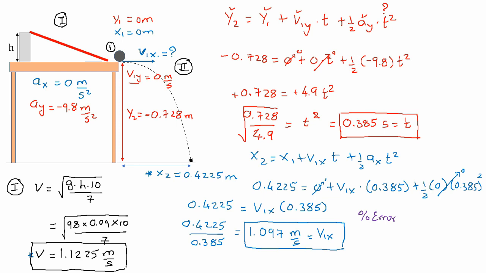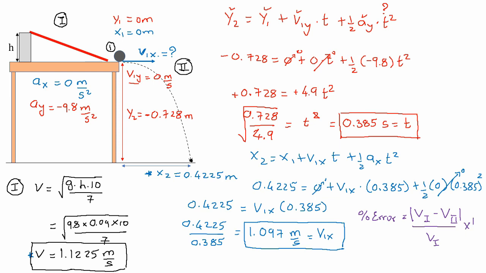Okay, so percent error is velocity from part 1 minus velocity from part 2. Okay, get an absolute value divided by velocity from part 1, because that is what we are expecting, right?